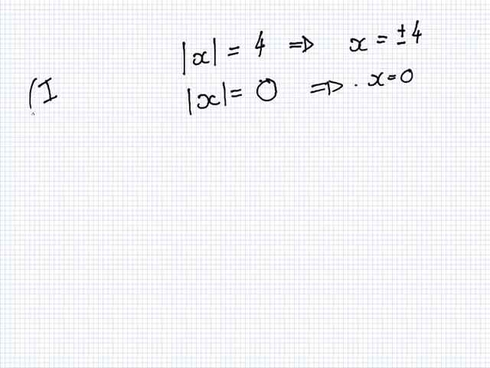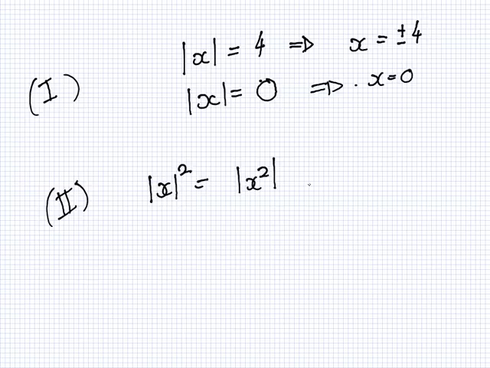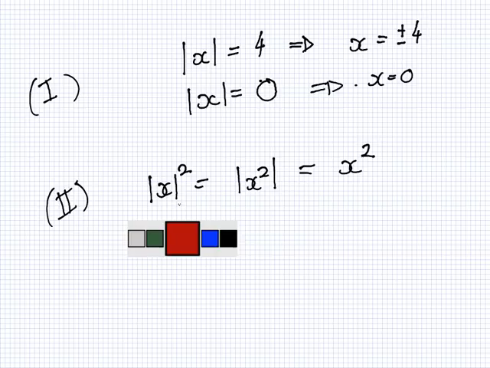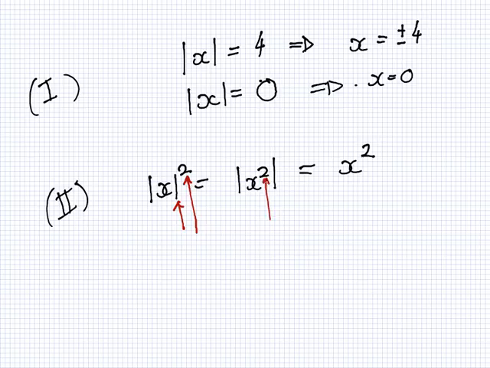And the second thing which is useful: the modulus of x squared is the same as the modulus of the square of x, which is actually the same as x squared. The reason is that this makes it positive, and this makes it squared.